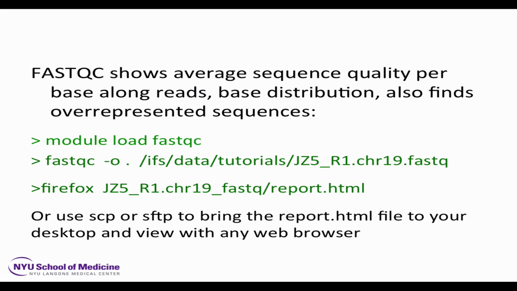And you could bring that HTML file to your desktop using SCP or WinSCP or Fugu or FileZilla, whatever system you've established for moving files back and forth between your laptop and the server.